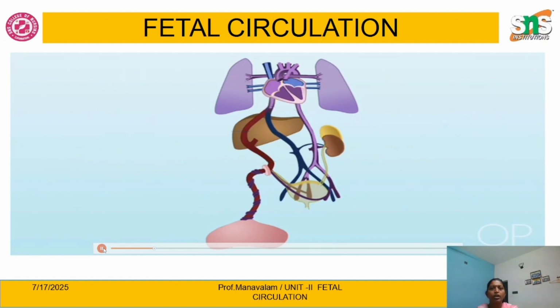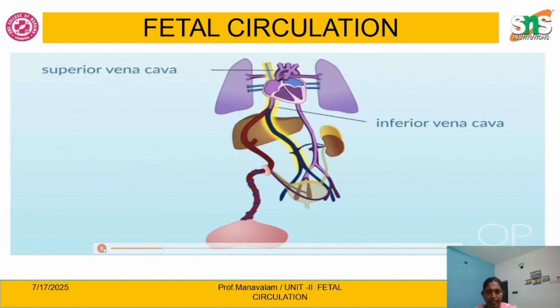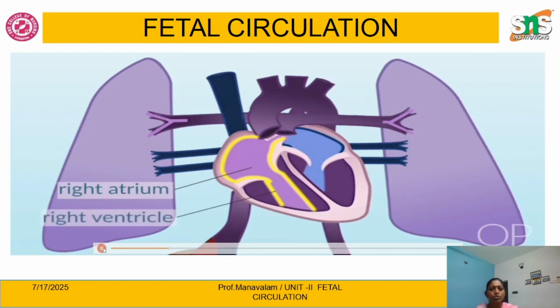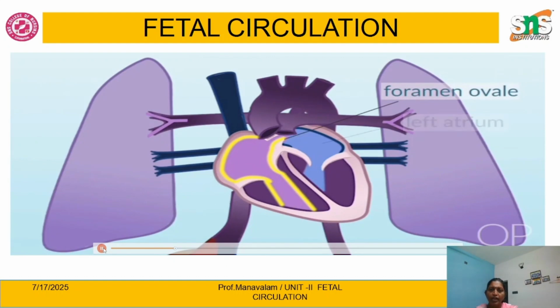Meanwhile, from the upper part of the body, the blood is collected by the superior vena cava, which also enters into the right atrium. From the lower part, it enters the right atrium through the inferior vena cava. From the right atrium, blood enters into the right ventricle.